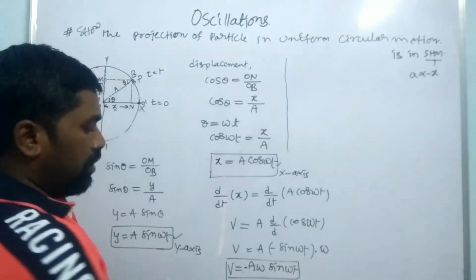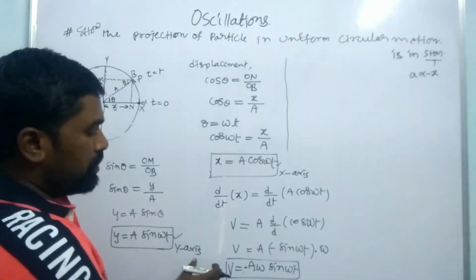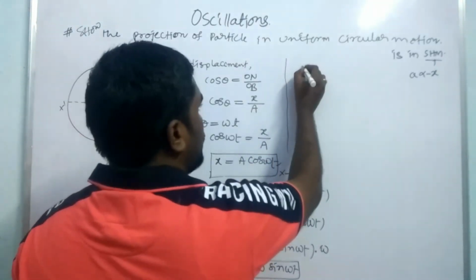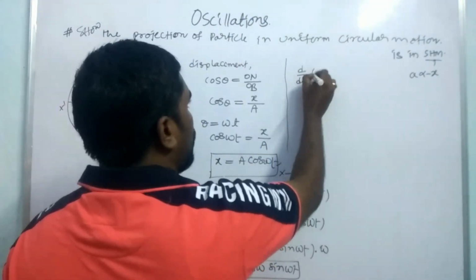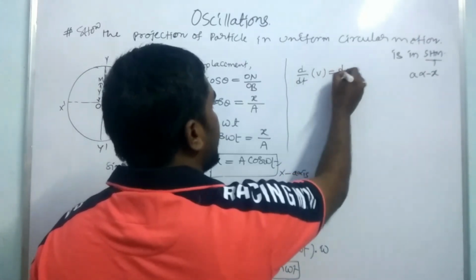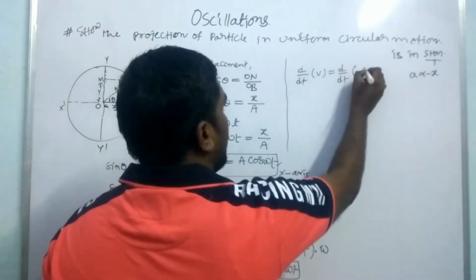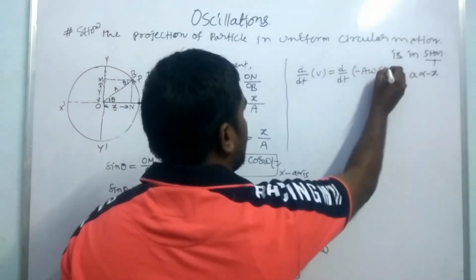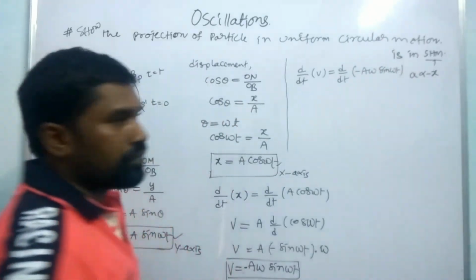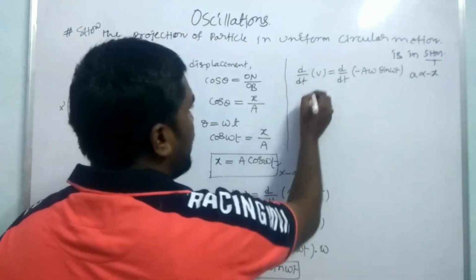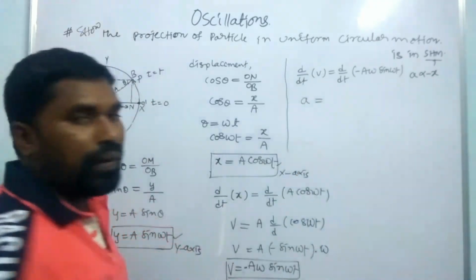Now we can differentiate this equation on both sides with respect to time. d by dt of the velocity v is equal to d by dt of minus a omega sin omega t. So dv by dt is the acceleration of the particle.